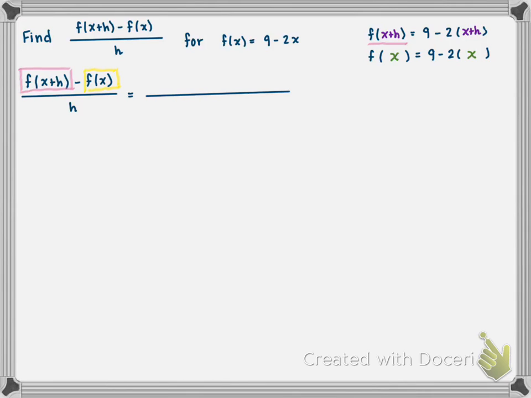So now we're just replacing. So we use the big set of brackets. Well, f of x plus h is equal to this. So where I see f of x plus h, I can replace it with what's on the right side of that equation.